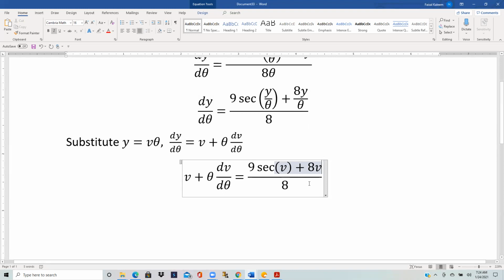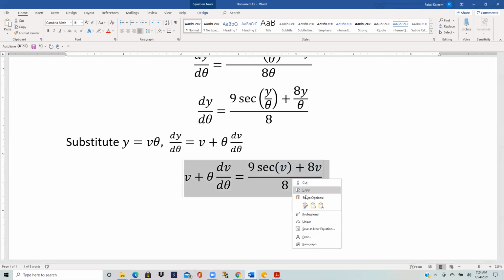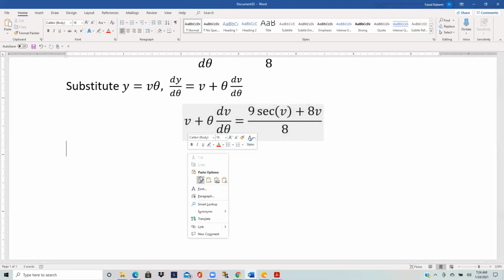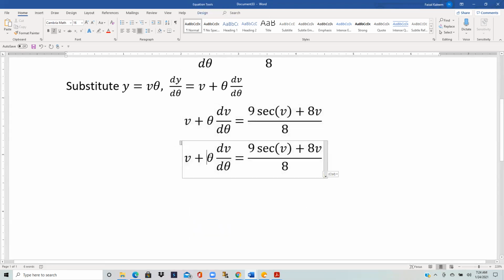Okay. So now the next step of simplification would be to subtract v from both sides. Subtract this v on the other side.